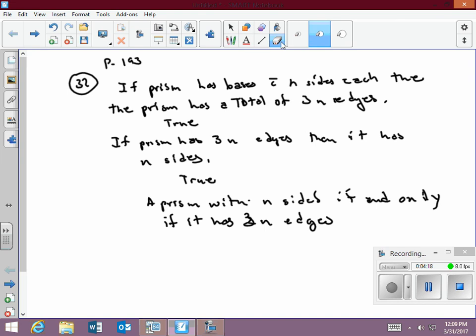Probably a better way to say it: a prism has n sides if and only if it has 3n edges. Okay.